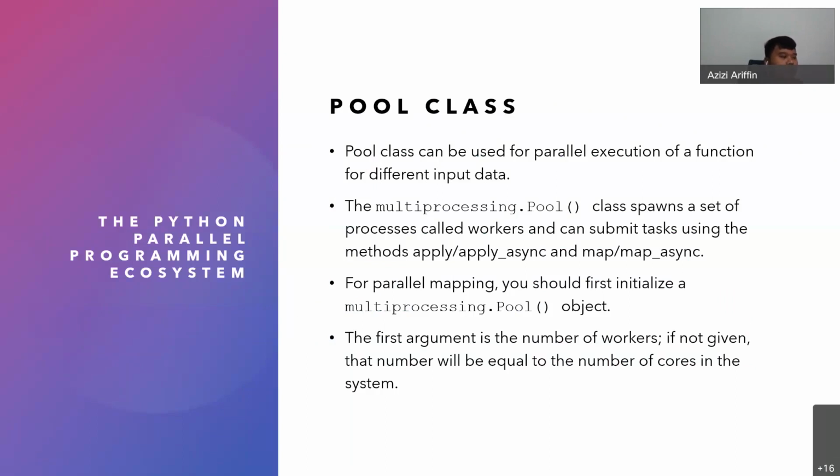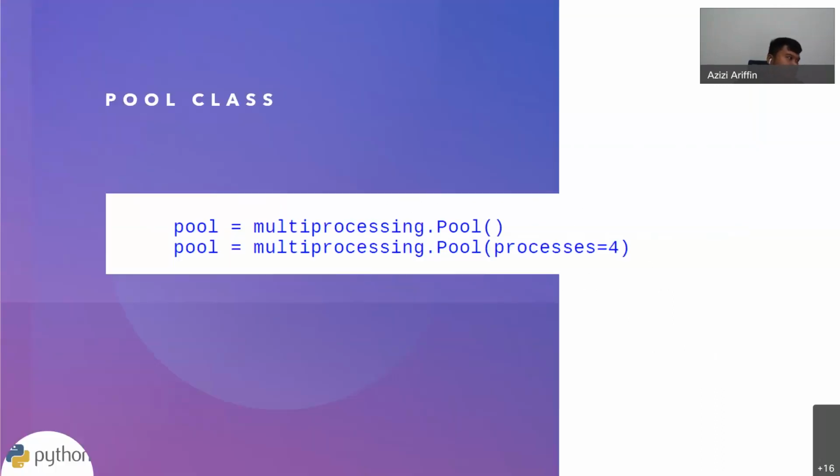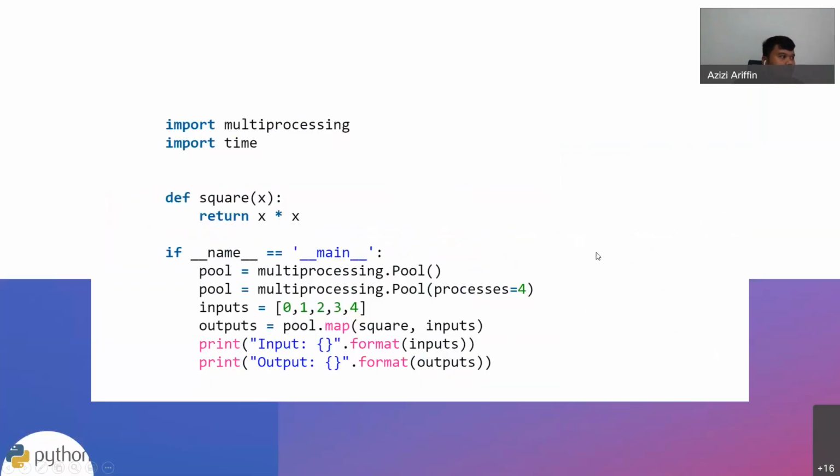If not given, the number will be equal to the number of cores in the system. So argument tu kita boleh cakap kita nak pecahkan dia kepada berapa banyak CPU. Kalau kita tak bagi, default dia, contoh kalau CPU cores kita ada 5, dia akan buat 5 workers. Itu adalah default dia. Okay, kita boleh gunakan multiprocessing Pool. Contoh kat sini kita bagi berapa banyak workers kita nak pecahkan. Okay.